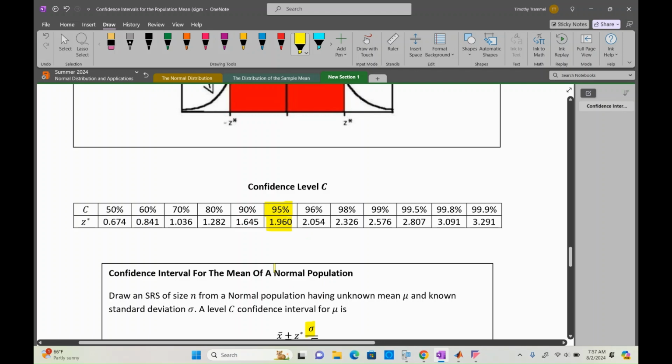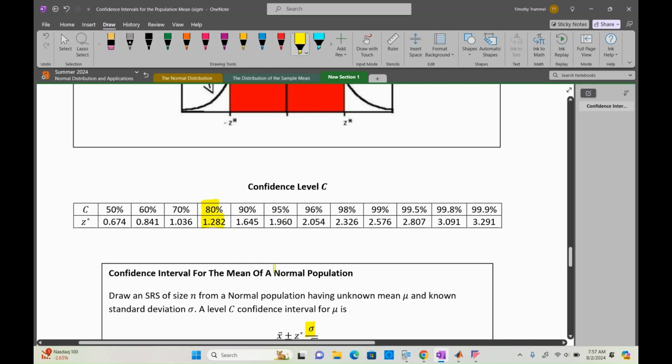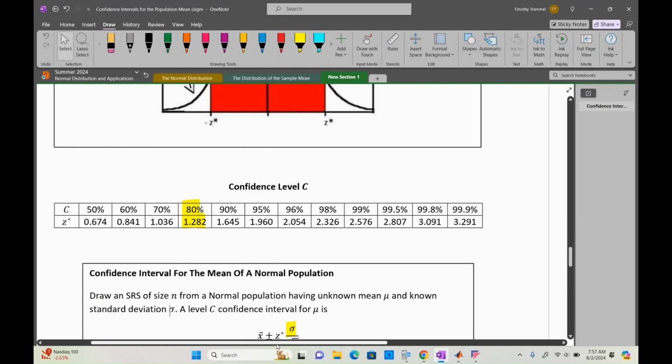What I'm going to do is have us move over to the right here in a second, and we're going to make a little picture, and see how we could come up with, say, the Z star value for an 80% confidence interval. Believe it or not, this is something you can already do.